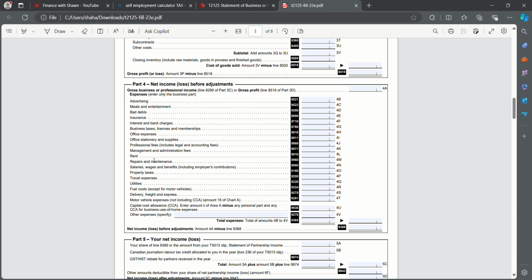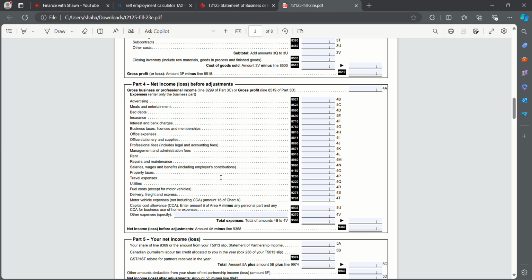Professional fees include lawyer fees, legal, accounting fees, those can be deducted. Management and admin fees, rent. Again, rent, your property tax, utilities, those would be 10% of how big your office is.